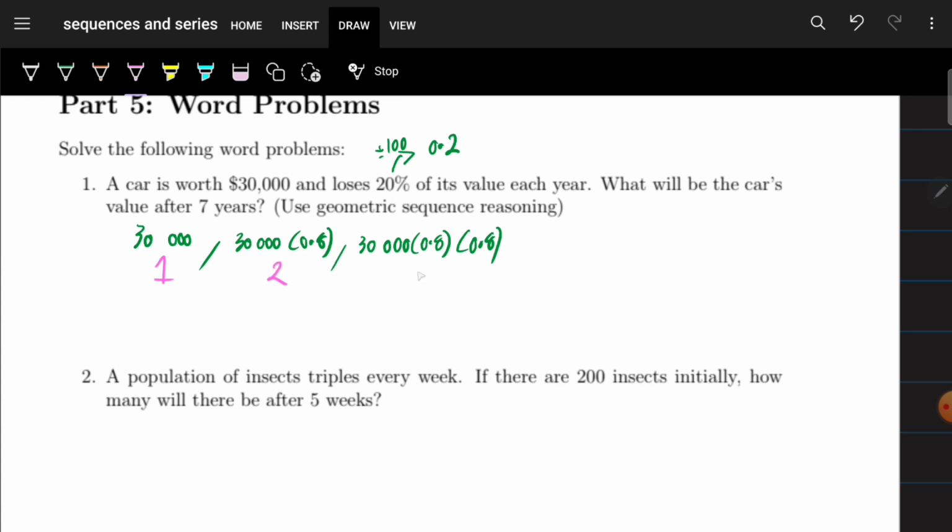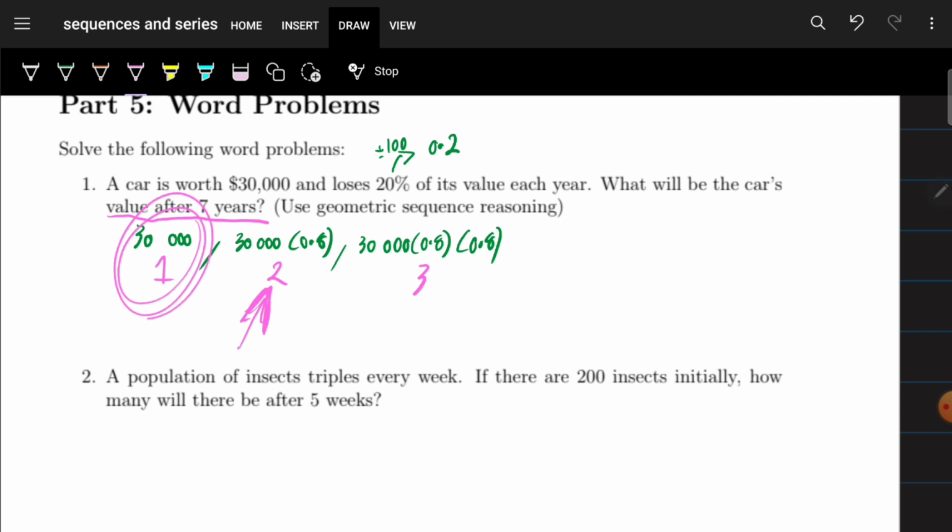This is the first term, this is the second term, and that's the third term. We want to know what the value of the car is after 7 years. So we don't want to find the 7th term here. We actually want to find the 8th term here. Why? Because our second term here is the value of the car after 1 year, right?